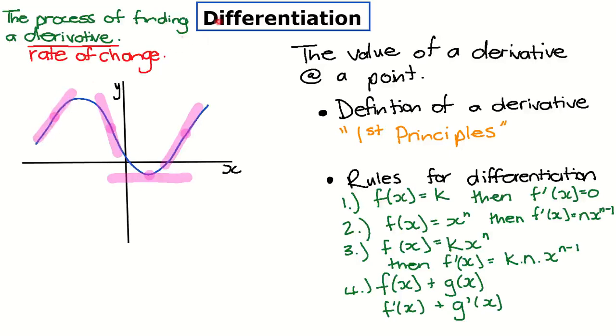So all differentiation does is it allows me to calculate my gradient for this graph. And I will use a formula and I'll use differentiation rules to be able to do that. And once I find out what my gradient is of this graph, that gradient represents this line, that line, that line, that line, all at different x points.